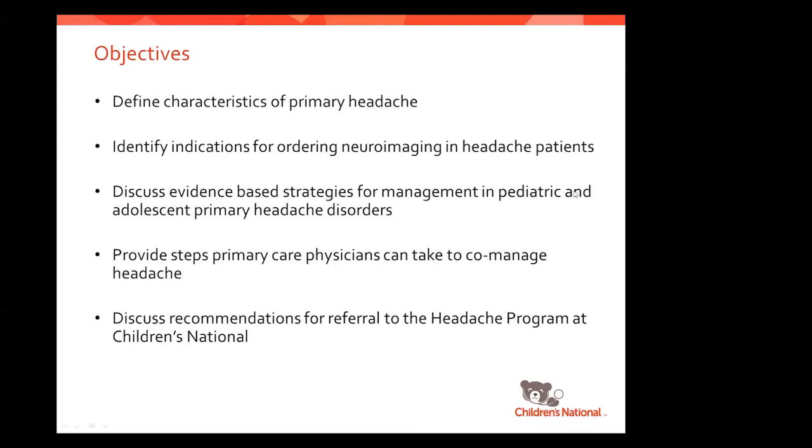We'll move on from there to discussing the evidence behind different ways to manage headache disorders in pediatric and adolescent patients, followed by some explicit steps you can take as a primary care physician to co-manage headache with a neurologist. And finally, we'll discuss the recommendations for referral to our headache program at Children's National.